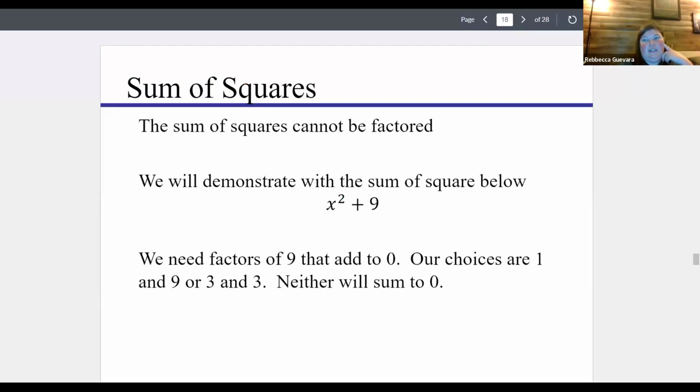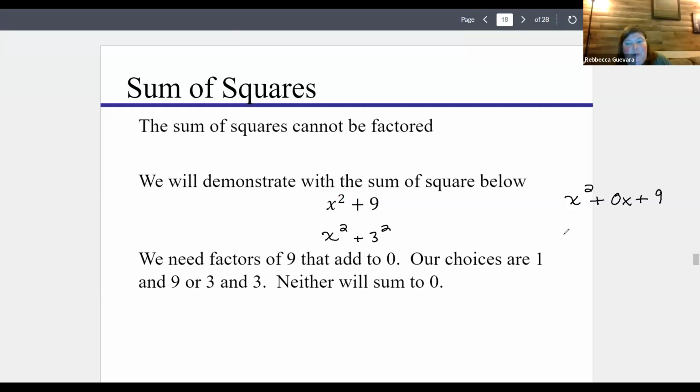All right, and this last little bit here: a sum of squares cannot be factored. We will demonstrate with the sum of squares below. So we have x squared plus 9, where 9 is 3 squared. If we try to factor this, it's the same as saying I have x squared plus 0x plus 9.